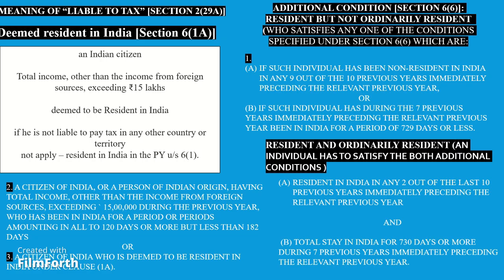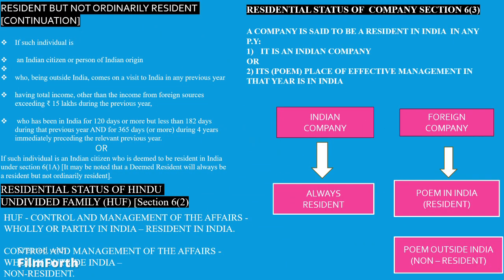Or 3. A citizen of India who is deemed to be resident in India under Clause 1A. It may be noted that a deemed resident will always be a resident but not ordinarily resident.